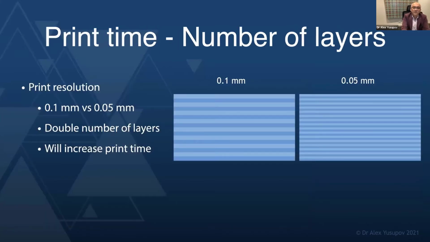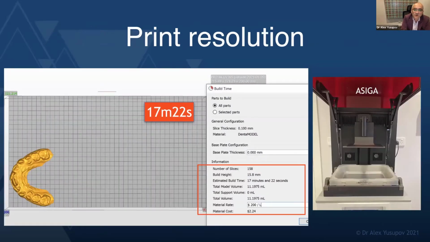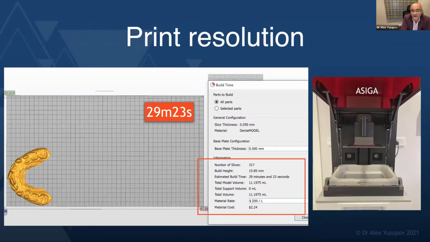Now, all else being equal, say the exposures and the way the UV is generated, the other thing that creates extra print time is the resolution. So for example, if we go from 0.1 millimeter resolution to 0.05, we're actually printing double the number of layers for the same volume of resin, which means that if we take this model at 0.1 millimeter resolution and change it into 0.05, then the print time almost doubles.